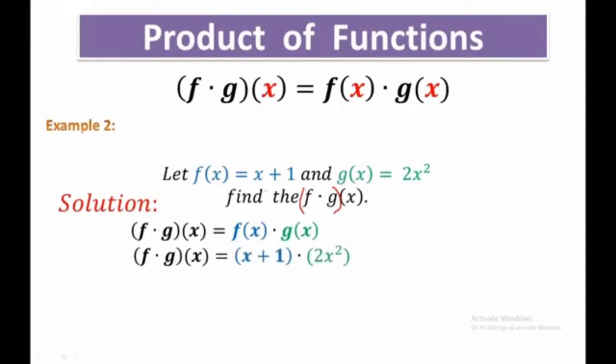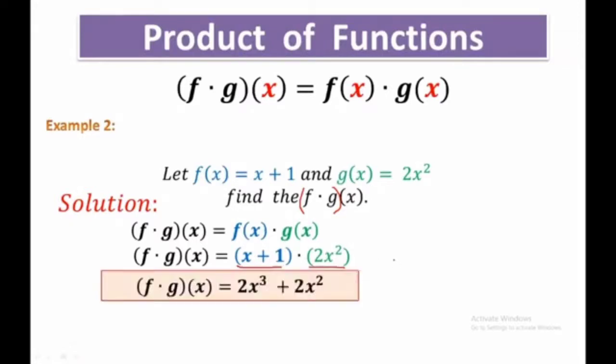Now let us replace the value of our functions. The f of x is equivalent to x plus 1 and our g function is 2x squared. Ayan, the x plus 1 is our f of x and the 2x squared is our g of x. So we need to find the product of the two functions.